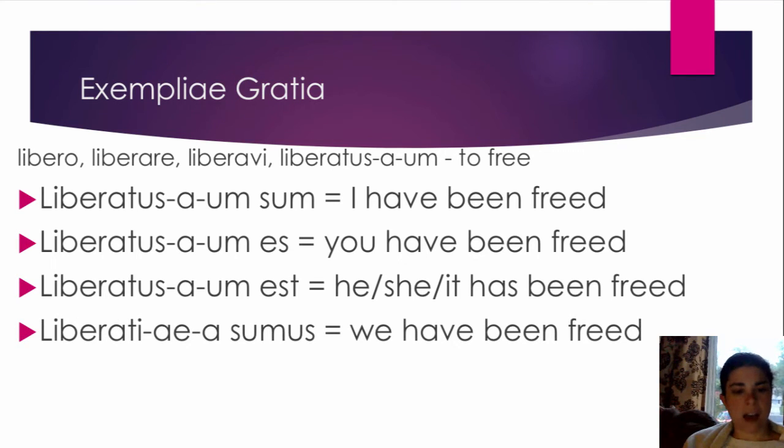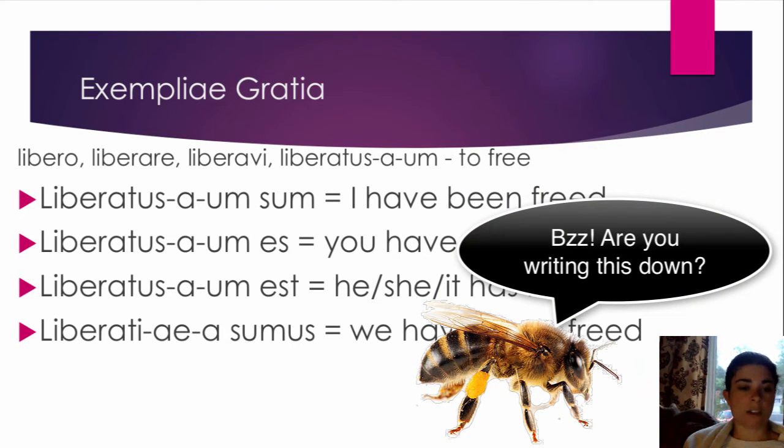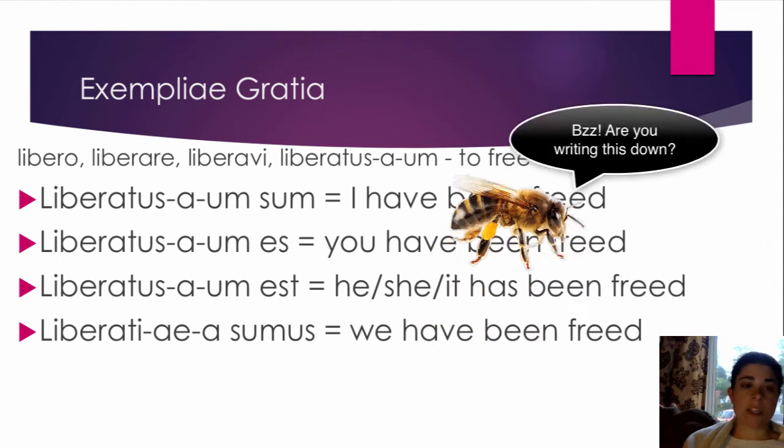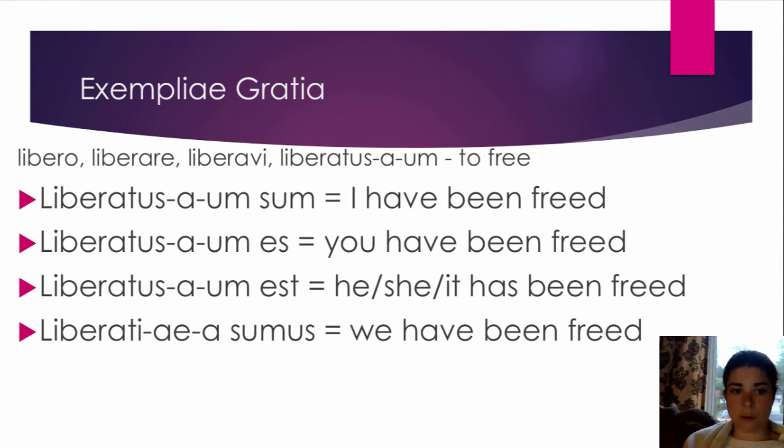Liberati, -ae, -a sumus. Now something has happened that's different. Because now we have a plural subject, of course, the endings have had to change to be plural as well. So instead of the nominative singular us, a, um endings, now we have the nominative plural i, ae, a endings. So i is used for the masculine, ae for the feminine, and a for neuter.